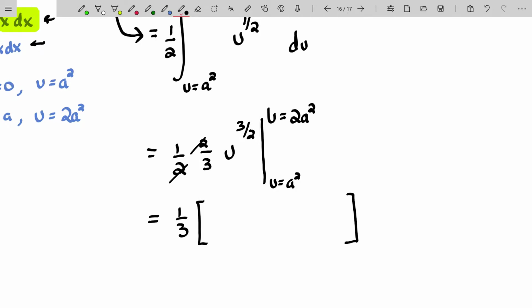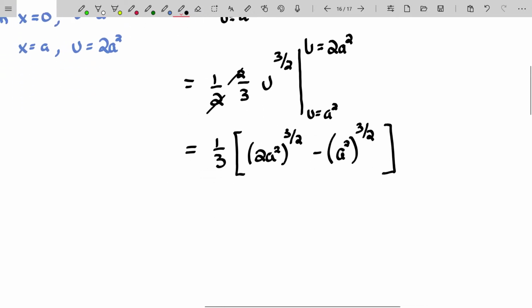I can distribute that constant through in the end, but I at least want to write my function evaluated at the upper limit minus my function evaluated at the lower limit. I want to write that within that grouping symbol first. So plugging in 2a squared, I'll get 2a squared raised to the 3/2 power minus, and then I'll plug in the lower limit, a squared raised to the 3/2 power.